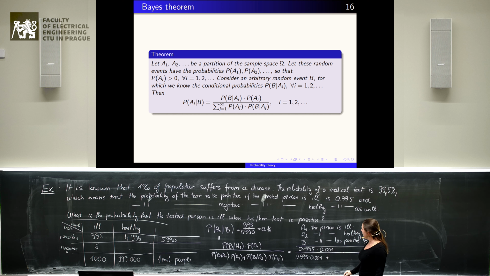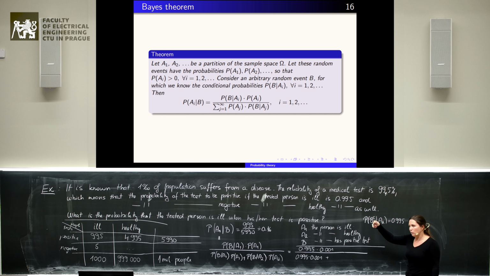plus, now we need the probability of B conditionally on A2. We don't know exactly the probability that the test is positive when the person is healthy. But what we know is the probability that the test is negative. It is the complement to the event B conditionally on A2. It is the reliability of the test.